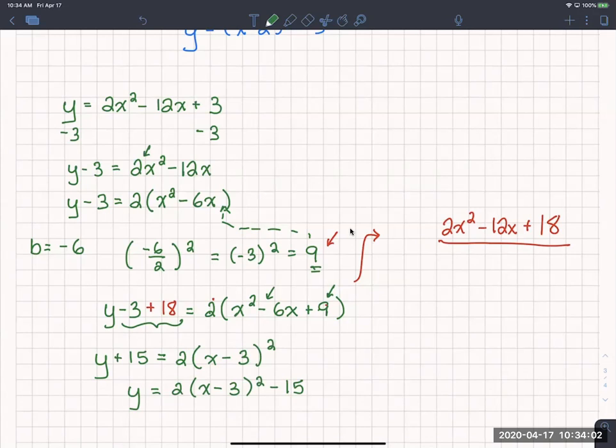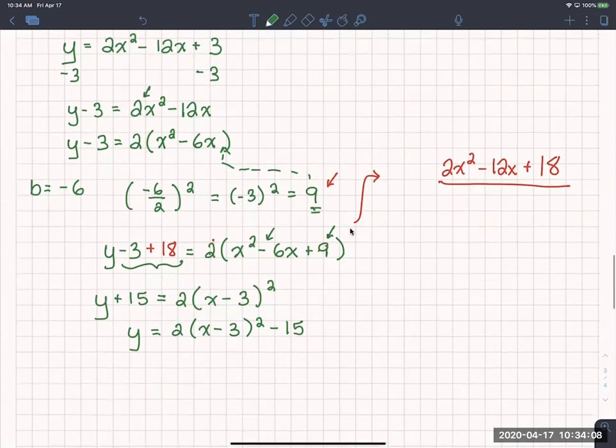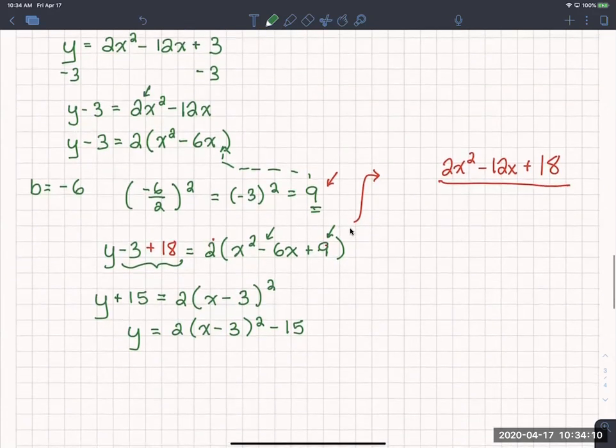Now, let's say, for example, you didn't want to complete the square. There will be problem types that you will have to complete the square on. If you also just wanted to go from standard form to vertex form, you're more than welcome to find h and then find k and then plug it into that formula. Okay.